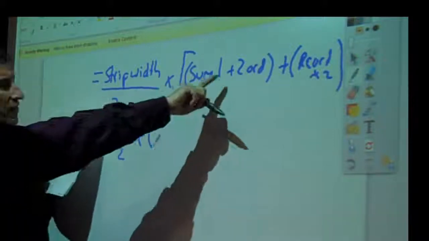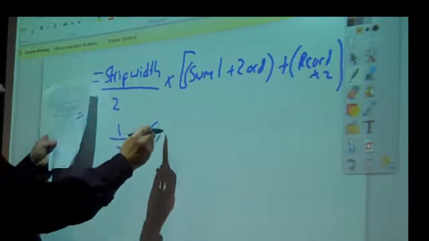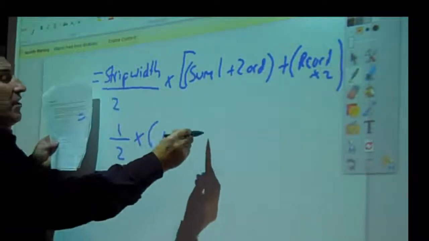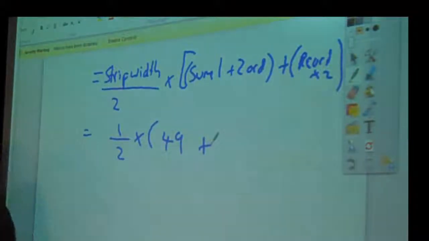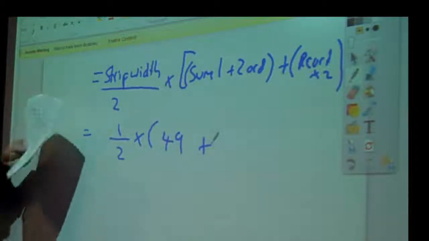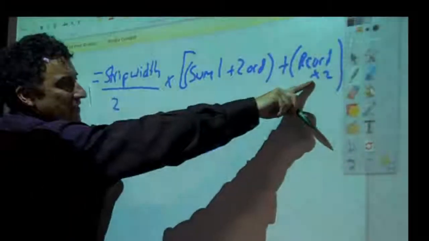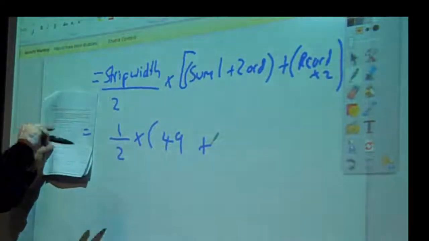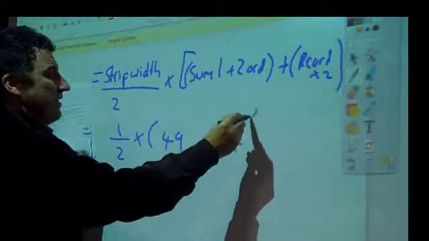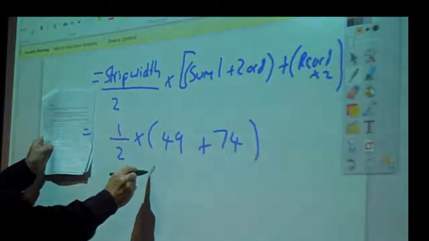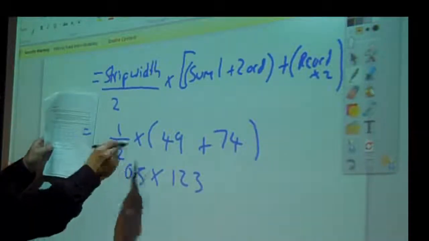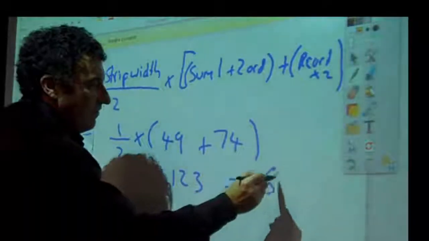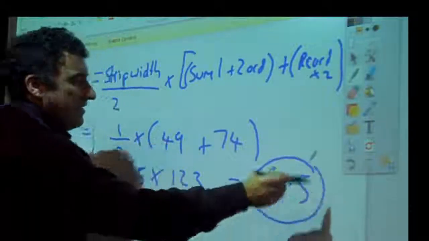So the 5 and the 44 goes there, so we've now got 49, plus the remaining ordinates were the 2 in the middle, the 12 and the 25, which is 37. 37 times the 2 there, so that's your 74. So we now got 1, 2, 3 times your 0.5, that's your half, isn't it? So we end up with 61.5 as the answer.